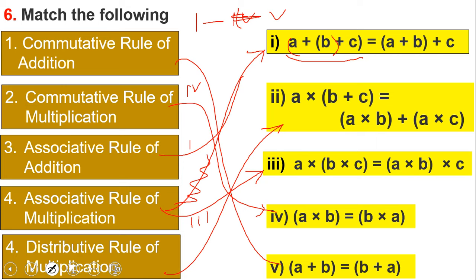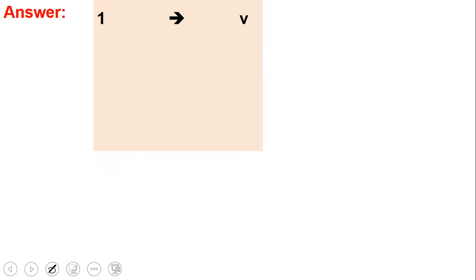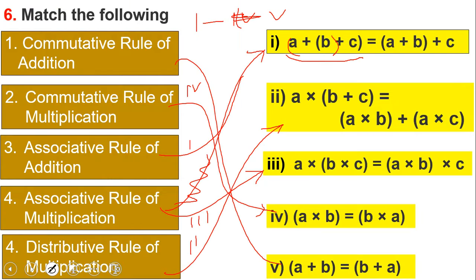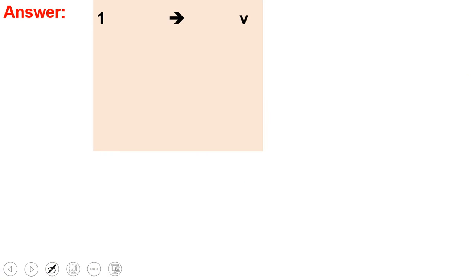And 5 is 2. Is that clear? So the answers are: 1, 5; 2, 4; 3, 1; 4, 3; and 5, 2. Is that clear? So these are the answers.